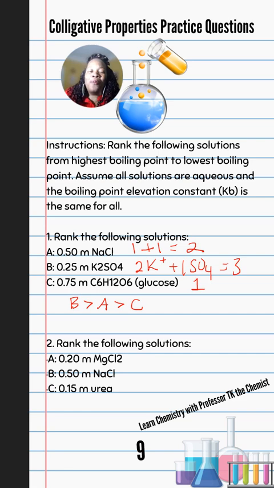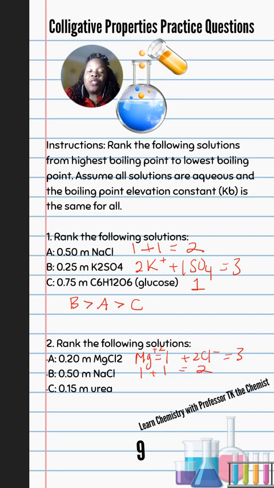It's that simple. Look at number 2. You've got MgCl2. So you have 1 magnesium ion, and then you have 2 chloride ions. So 1 plus 2 gives you 3. For sodium chloride, you have 1 sodium ion plus 1 chloride ion, so the Van't Hoff factor is 2.